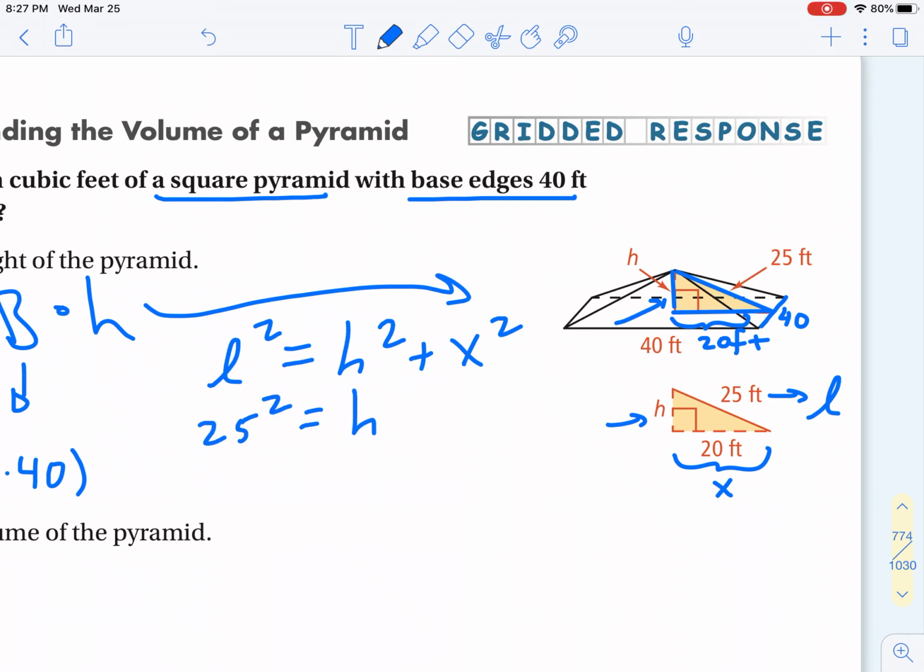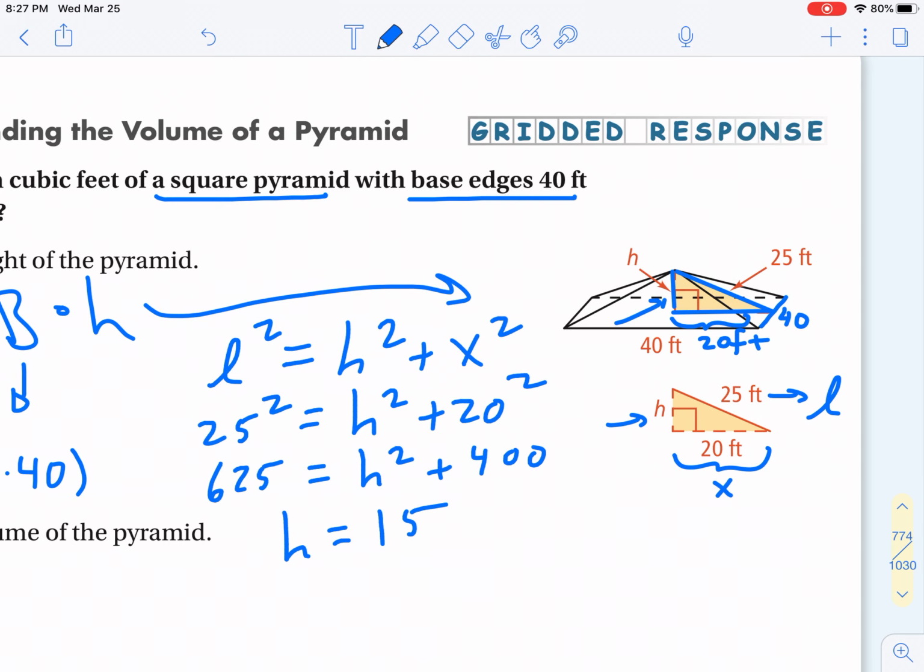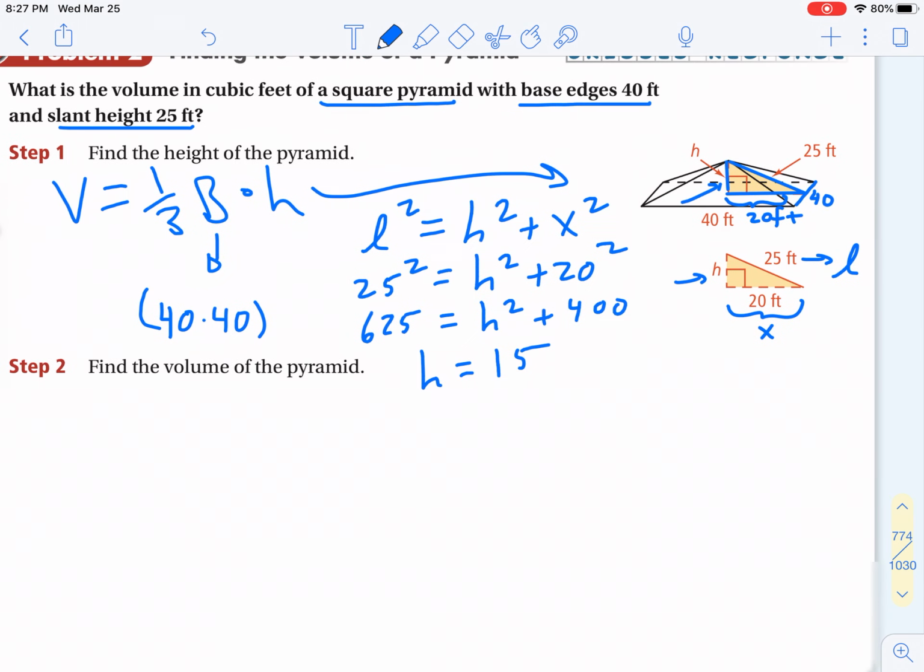We don't have H, that's what we're trying to find. That gives 625 equals H squared plus 400. Move all the numbers to one side and H to the other, get the square root, and we end up with H equal to 15.